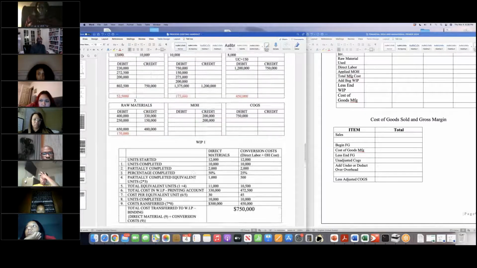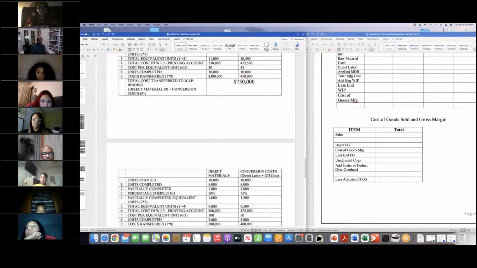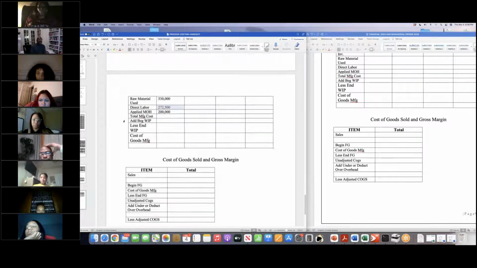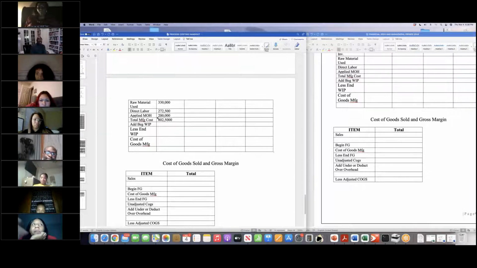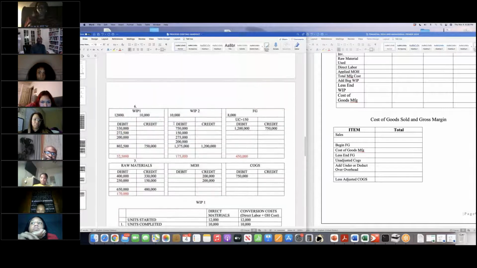Then we can get the total manufacturing cost, which we said was $1,802,500, less the ending work in process inventory, which is $52,500.